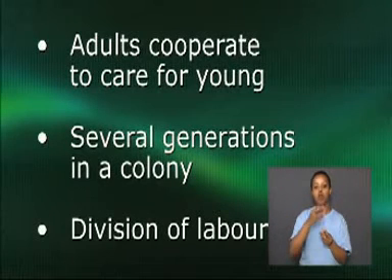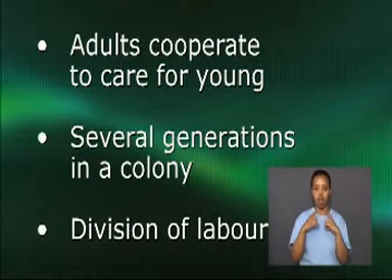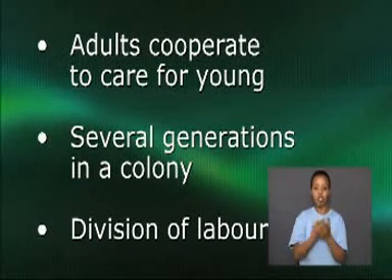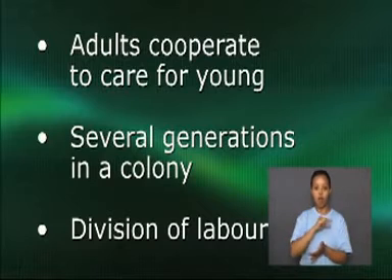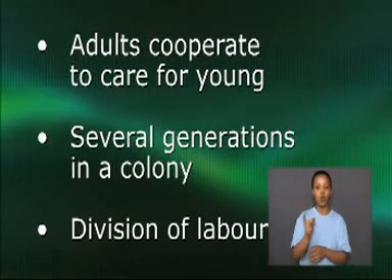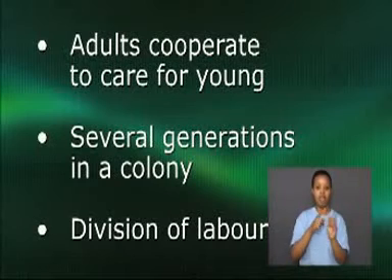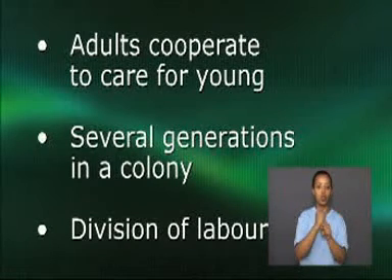The third feature is the division of labor. Not every female can reproduce. Using the example of bees, the queen is the only reproductively active female, which means the other females must serve different purposes for the group.